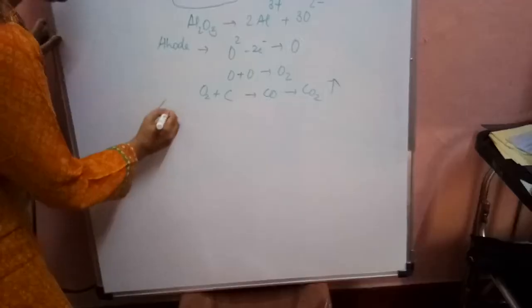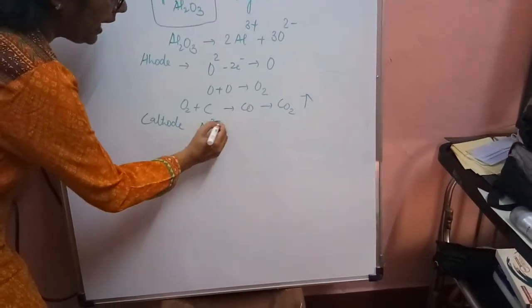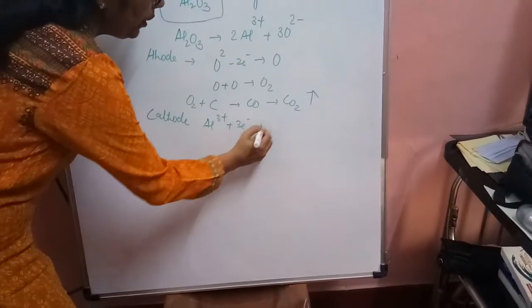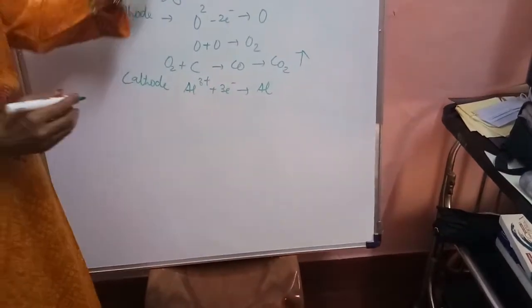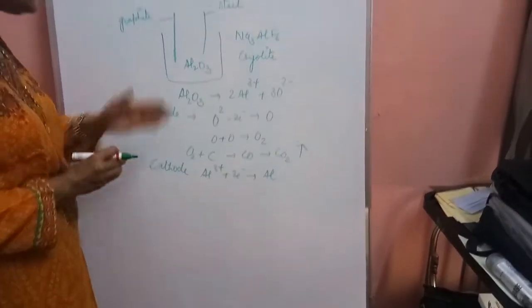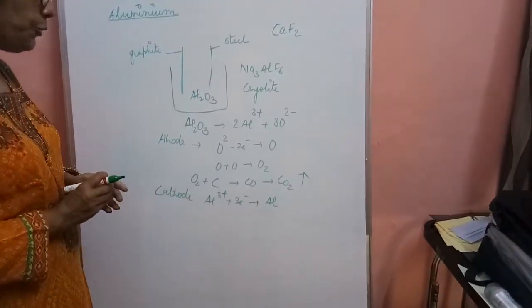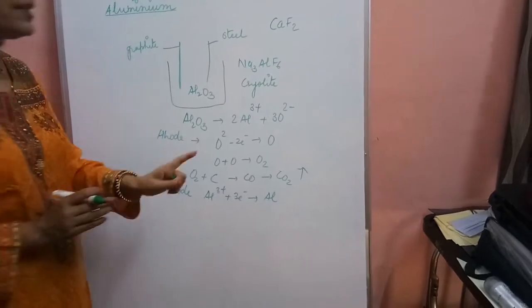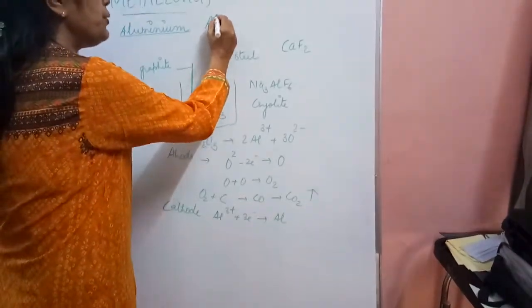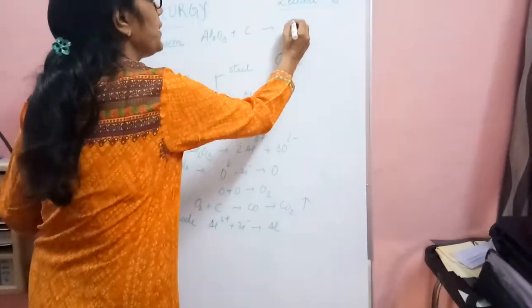And at cathode, as usual, the reduction occurs and aluminium gains electrons and aluminium is discharged at cathode, that is the pure form of aluminium. So what is the role of this graphite rod? First of all, it acts as anode and secondly, it acts as a reducing agent. So whenever the question is asked, don't forget to write this equation.